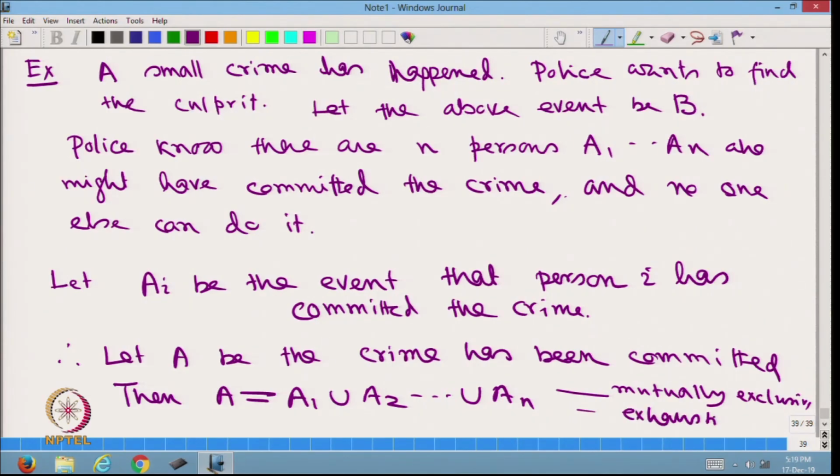That means there is no other way that the crime has happened.